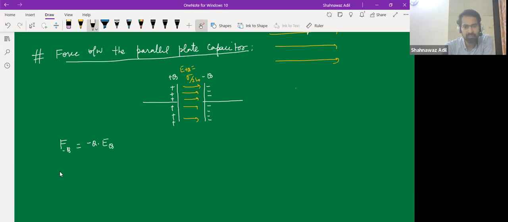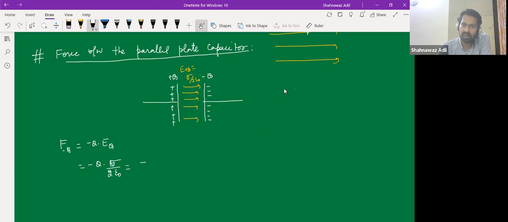Am I correct? Yes, sir. So this is minus Q into sigma by 2 epsilon naught, right?